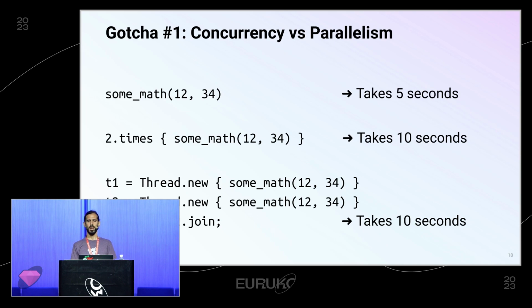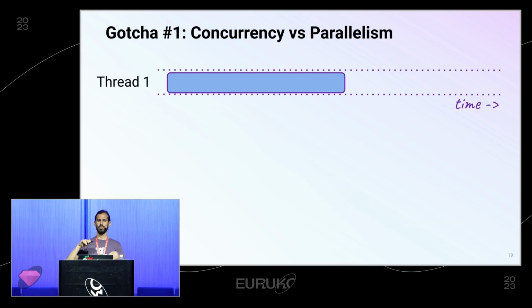So this is a key insight. When you have thread number 1, and you imagine time going along the x-axis, what happens if you start another thread that's also running some things on CPU is that Ruby will kind of split stuff.